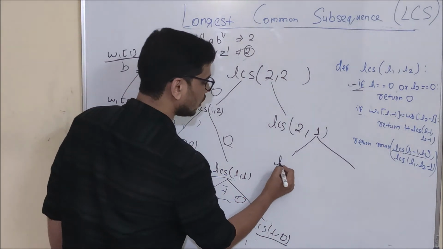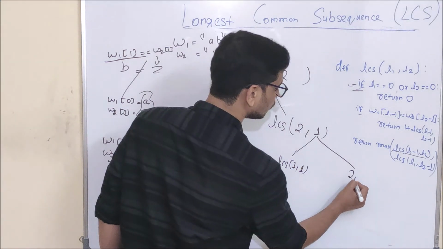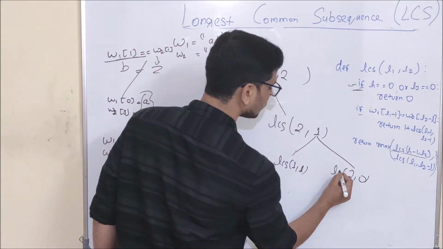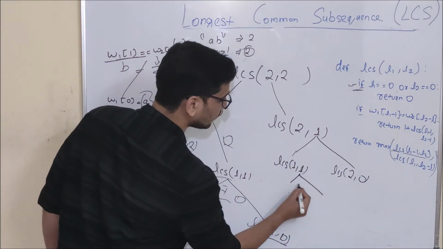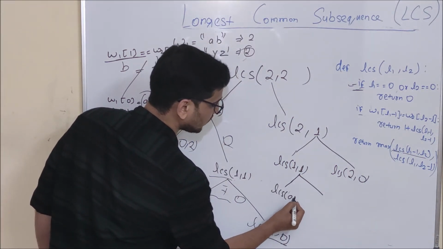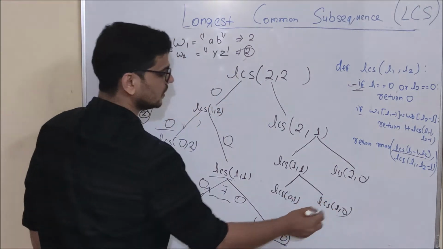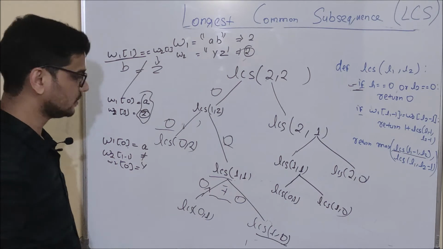Now what will LCS 2 comma 1 do? Here it is going to call LCS of 1 comma 1 and here it will call 2 comma 0, friends. Okay. And when LCS of 1 comma 1 is called, it will call LCS of 0 comma 1 and LCS of 1 comma 0. I am making it parallel here only. Okay, friends.